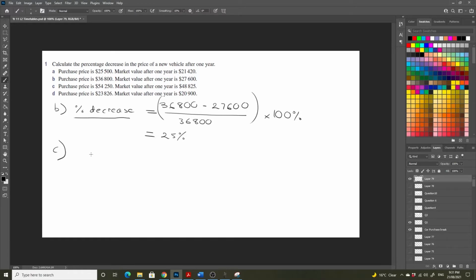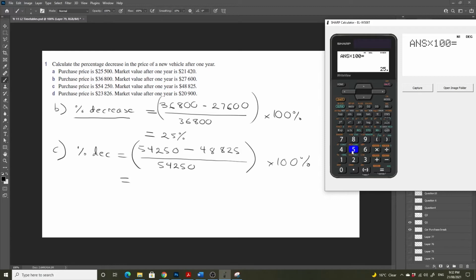Okay, let's look at C. So for C we have 54,000. Percentage decrease is going to be equal to 54,250 minus 48,825 divided by 54,250. And we're going to times this by 100% once we evaluate what it is.